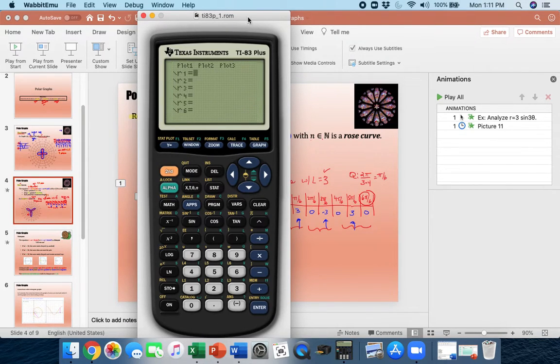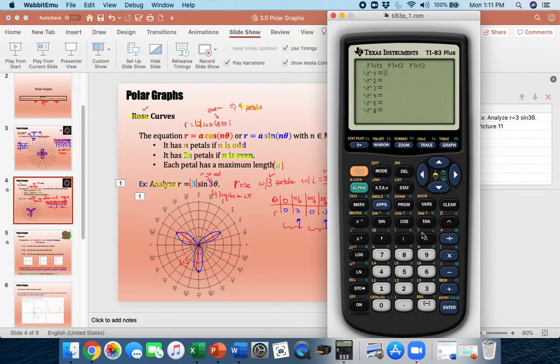In here, I want you to put 3 sine theta. Don't hit graph. Sine 3 theta, excuse me. Don't hit graph. Hit enter on the left side until you get the bubble. Check your window. Your window is going from 0 to 2 pi. I don't need to go all the way out to negative 10, so I think maybe I'll go out to about 5.